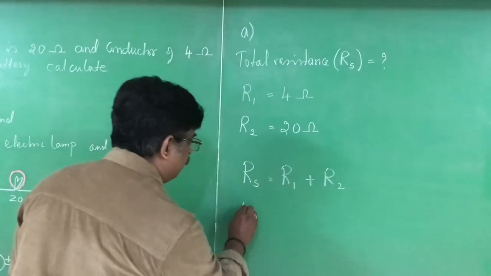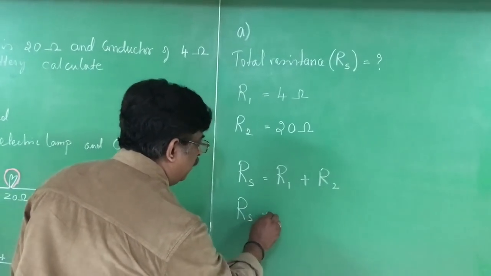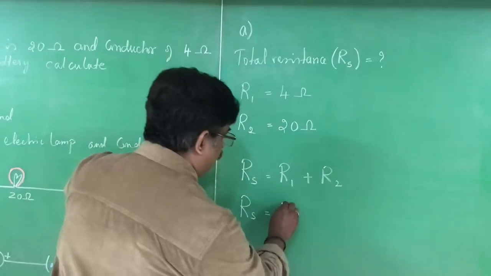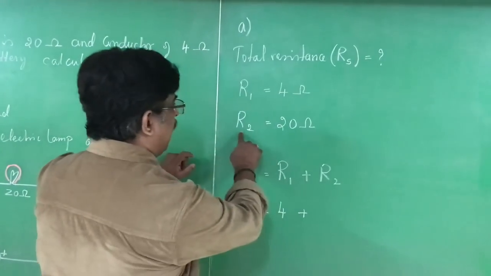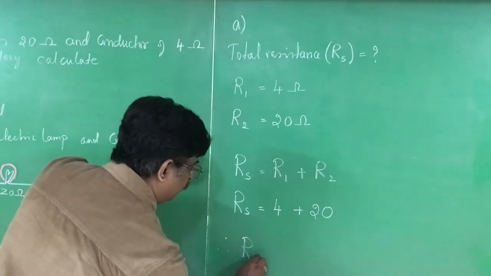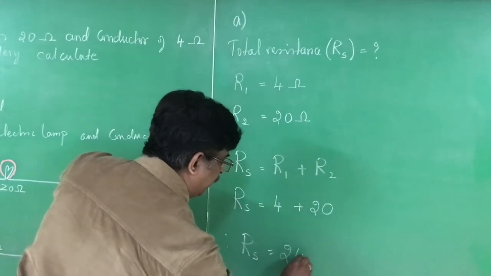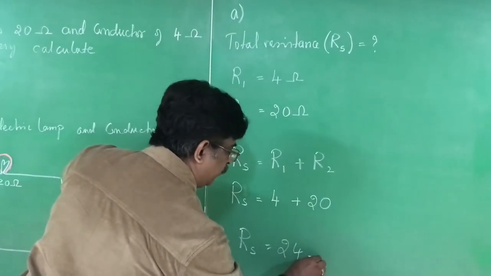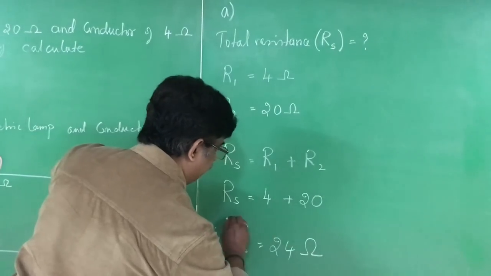Now, RS is equal to, what is R1? R1 is 4. What is R2? 20. Therefore, RS is equal to 24. What is the unit of resistance? Ohm. 24.